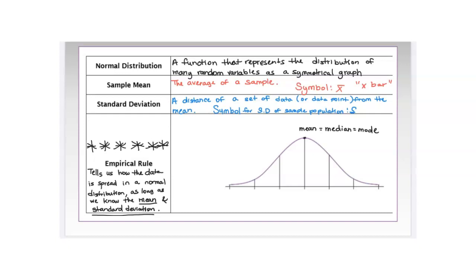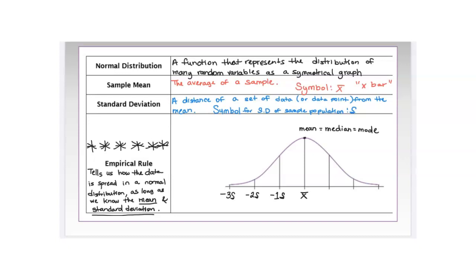So instead of writing the word mean, we'll use X bar. X bar is directly in the middle. To the left of the mean, we have one standard deviation away. And I'm going to use 1S because S is our symbol for the sample standard deviation. So this is one standard deviation to the left of our mean. Then we have 2 standard deviations to the left of our mean, and then 3 standard deviations to the left of our mean.